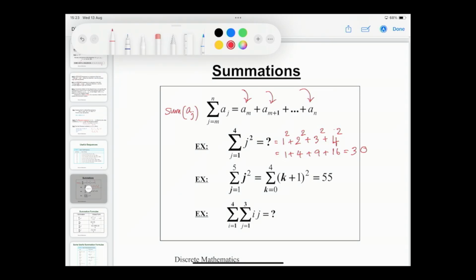Okay. If j is from 1 up to 5, then we have an additional term here that we can do similar to the previous one.